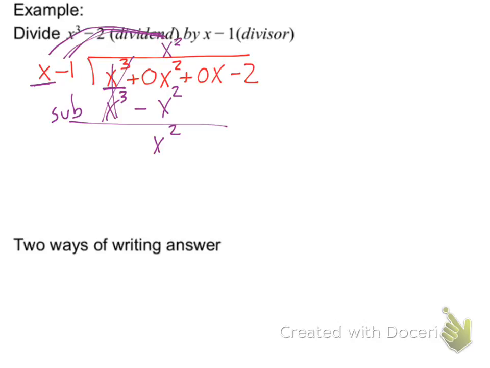At this point, after you're done your subtraction, I want you to bring the rest of it that we have not used along for the ride. We did not use the 0x and a minus 2. I'm going to try to keep everything again in a nice, neat column. It's going to make your life a lot easier.